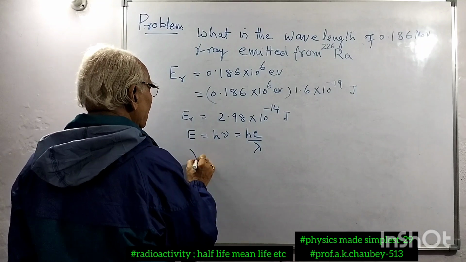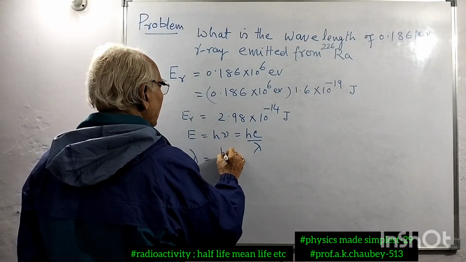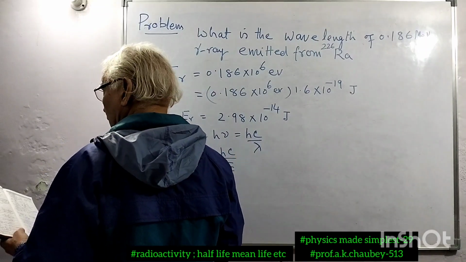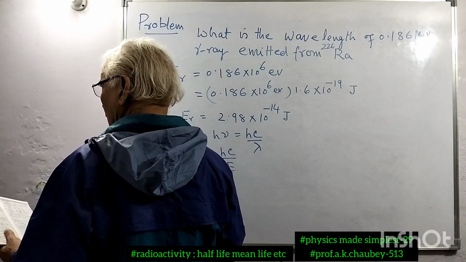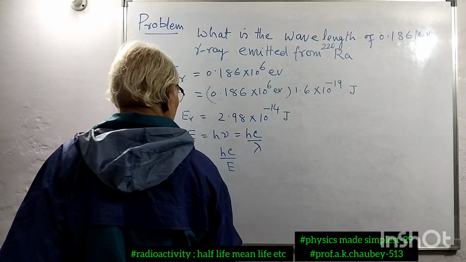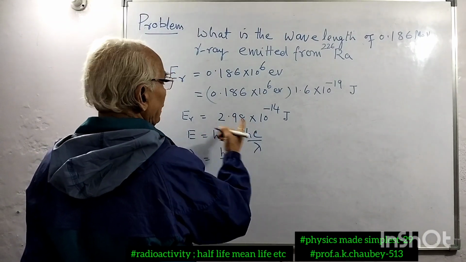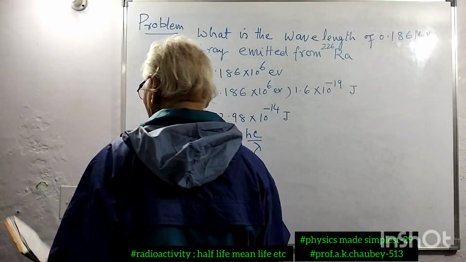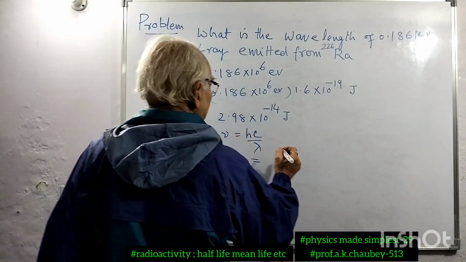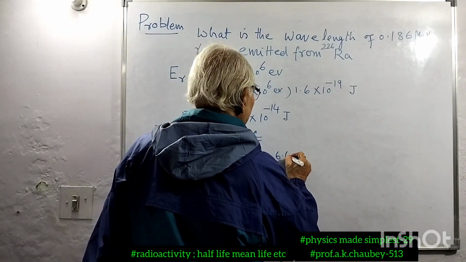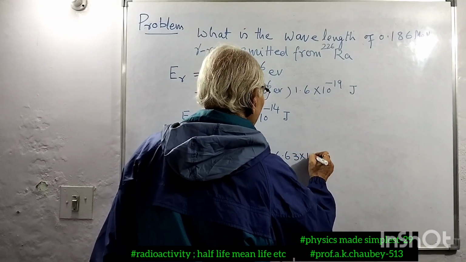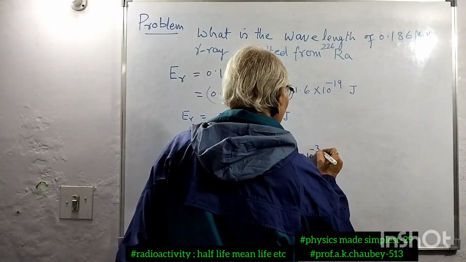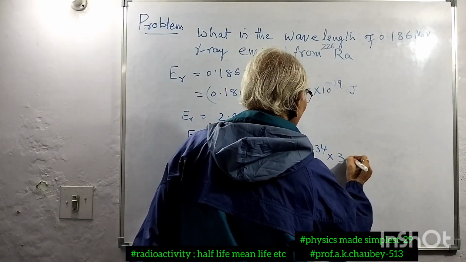So lambda, the wavelength, is equal to h c over E. I think now you can calculate from this relation. What is h into c? The h is the Planck constant, 6.63 into 10 to the power minus 34 joule second, and velocity of light 3 into 10 to the power 8 meter per second.